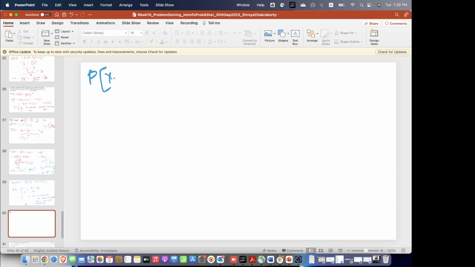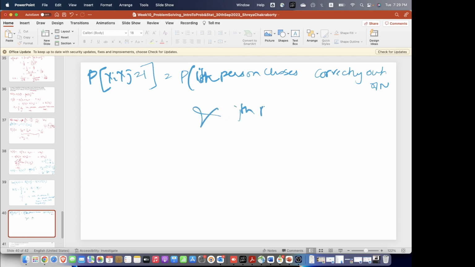probability xi xj equal to 1 is the probability that the ith person chooses correctly out of n and the jth person chooses correctly out of n minus 1.